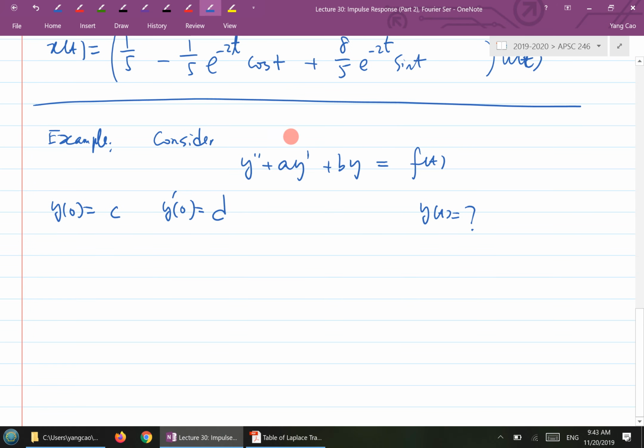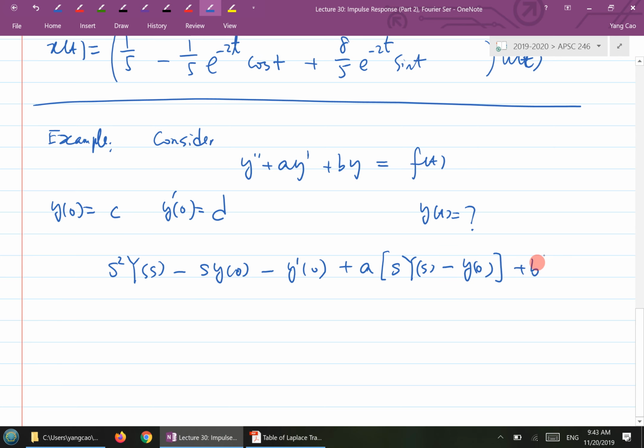Let's take a look at it. Again, we're going to take a Laplace transform of this equation. We get s squared Y of s, minus s times y of 0, minus y prime of 0, and plus a times (s Y of s minus y of 0), plus b times Y of s, equal to capital F of s. Okay, you take the Laplace transform.